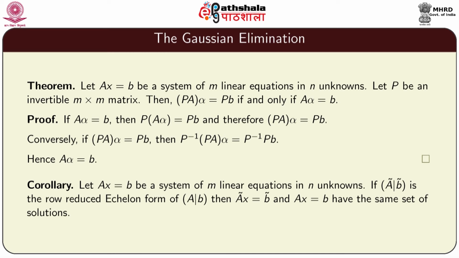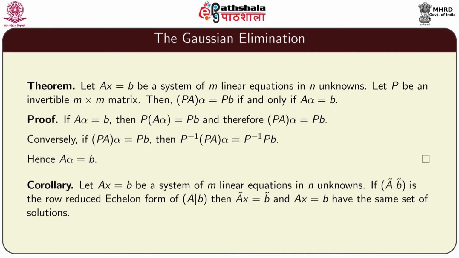And we also know that each elementary matrix is invertible, and the inverse of an elementary matrix is also an elementary matrix of the same kind. So that means if we have finitely many elementary row operations on A stroke B to row reduce it to A tilde stroke B tilde, then we are actually multiplying by an invertible matrix P, and that P is nothing but a finite product of elementary matrices giving rise to A tilde stroke B tilde.